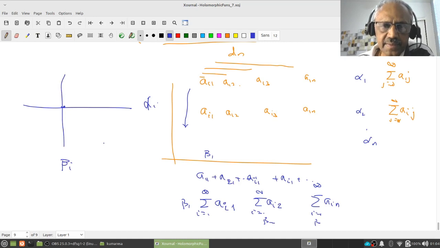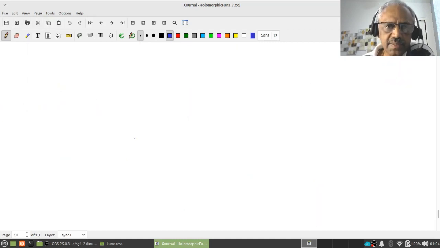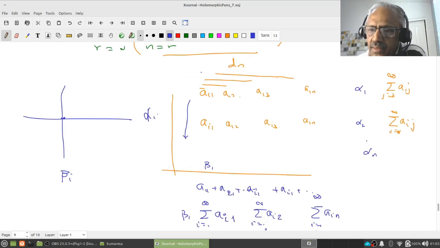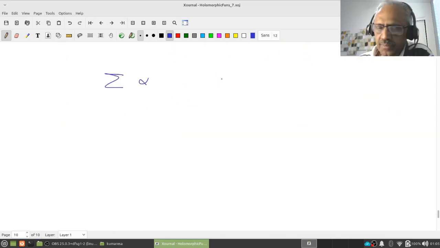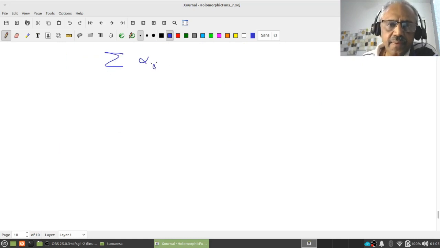Okay. So what is it that I want? What I want is the summation of alpha. Now what did I get? I am getting alpha i, right? Summation alpha i, i equal to 1 to infinity, is equal to summation beta j, j equal to 1 to infinity.